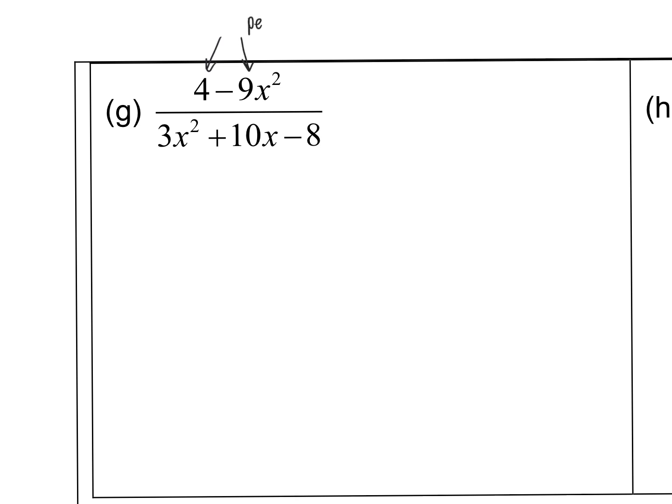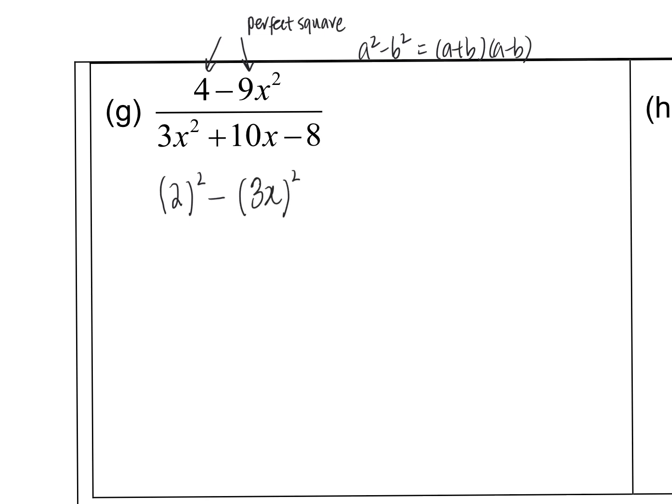The thinking process: when you see two terms and they are both perfect squares, you will always think of this. This is the thought process. So I should change my 4 to 2 squared. I must change my 9x squared into (3x) squared. So this is the first step. So my a is sorted out, it is 2.